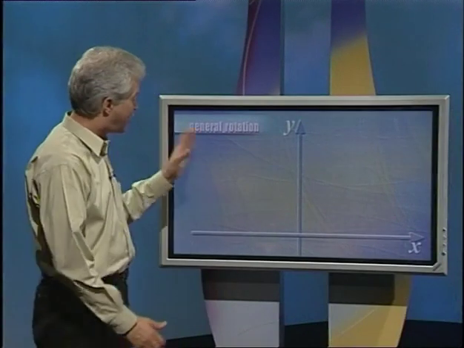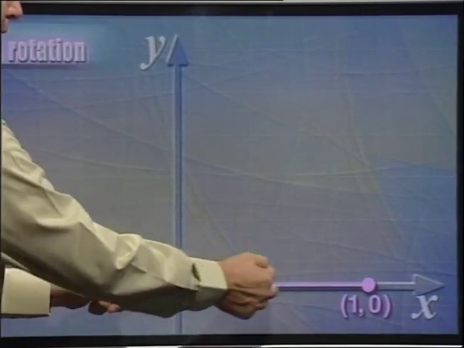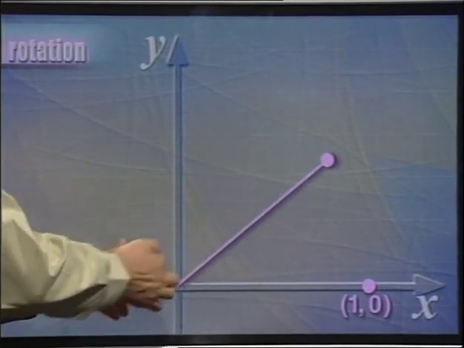But what about rotation through some other angle? That's a general rotation. And we want to consider rotation through an angle θ anti-clockwise about the origin. And we need to know what happens to the two special points (1, 0) and (0, 1). So let's start with (1, 0). And let's start rotating it about the origin. Well, as it rotates, this length remains the same, 1 unit.